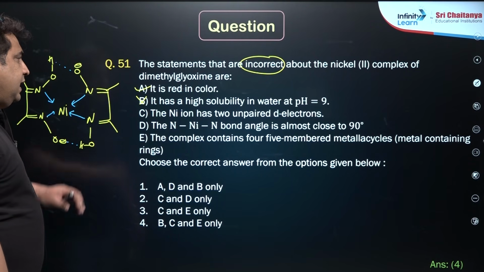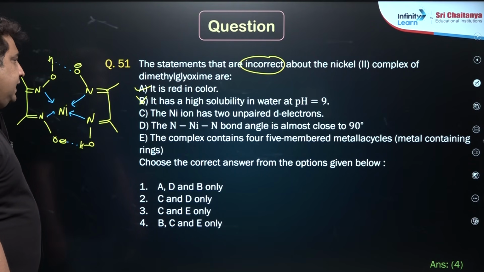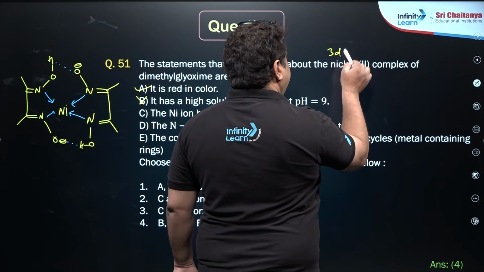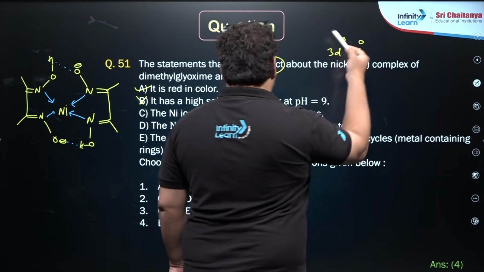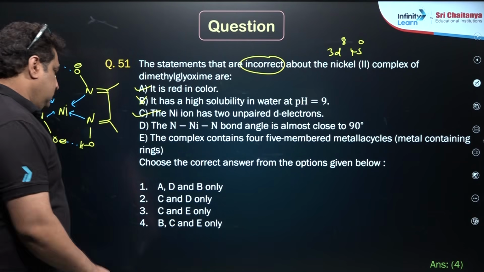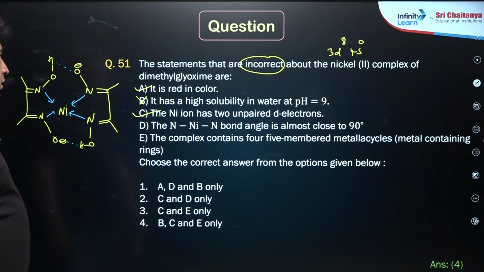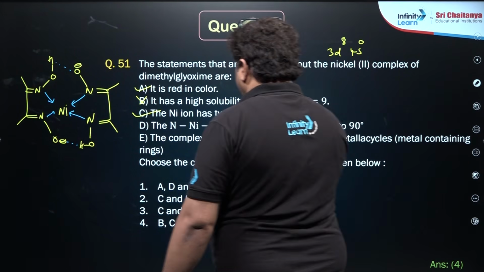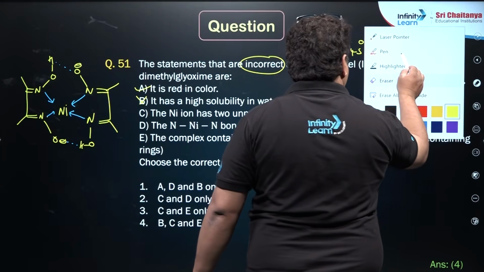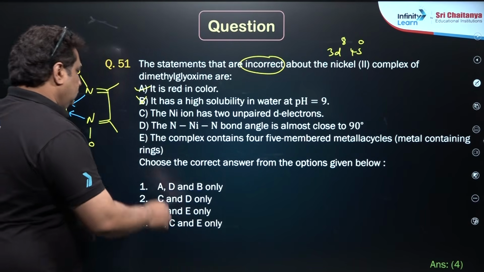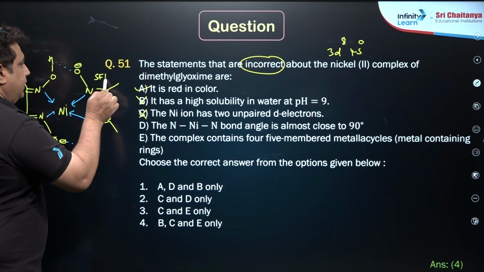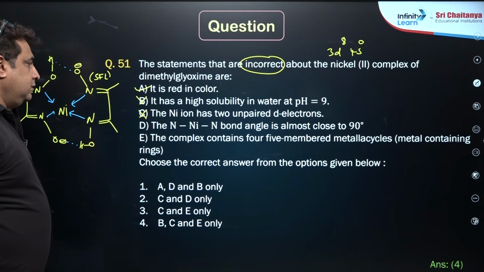Next, the nickel ion has 2 unpaired d electrons. Yes, obviously this is nickel plus 2, so this is 3d8 and this is 4s0, this is a correct statement, okay. In the complex it is a strong field ligand, because this is a strong field ligand, it pairs the d electrons.